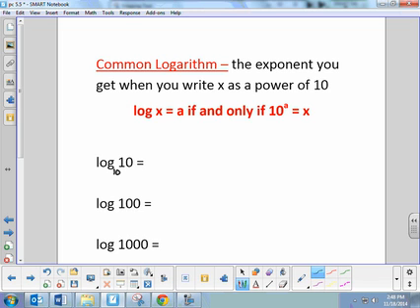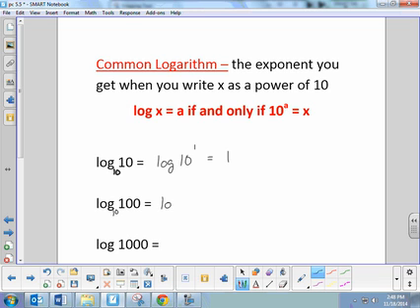Well, I can rewrite 10 with an exponent, so that means the log of 10 is 1. The base on this middle one is still 10, and I'm not going to write that in every time. I just want you to make that connection that a common log always has a base of 10.